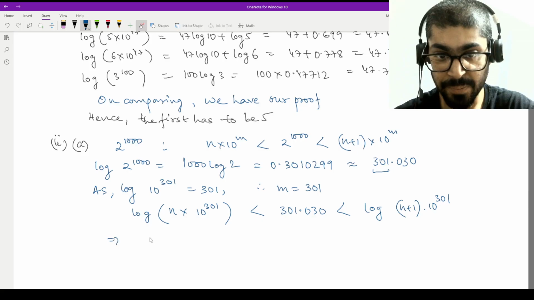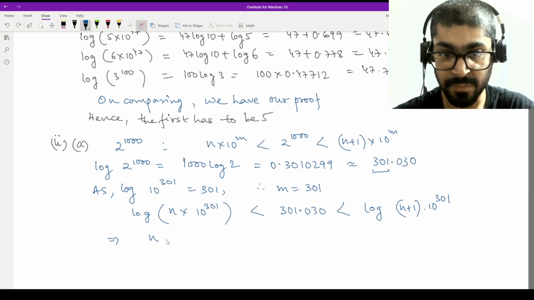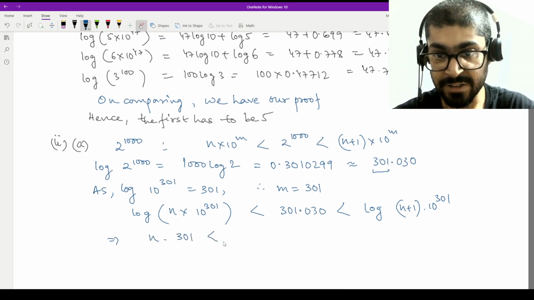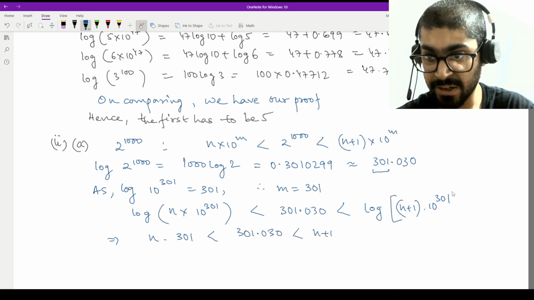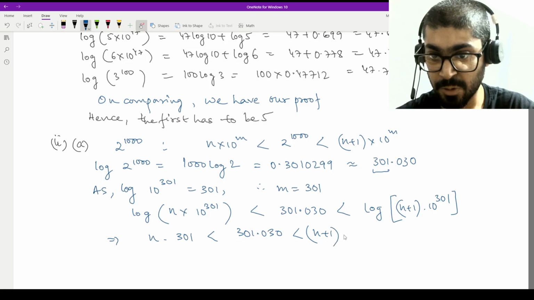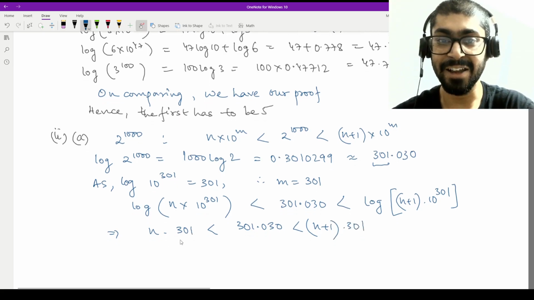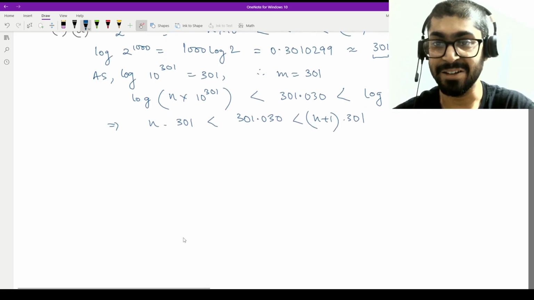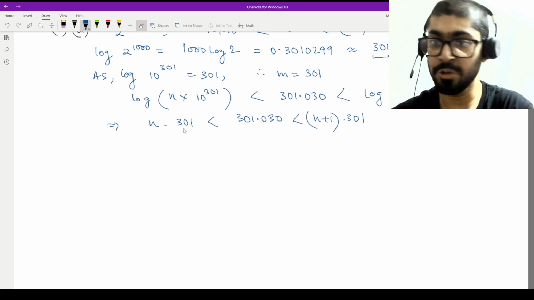This will become n into 301 less than 301.030 less than n plus 1 into 301. Now I can clearly see that if I take n to be anything greater than 1, this will not be our solution, because this lies between 301 and 2 into 301.